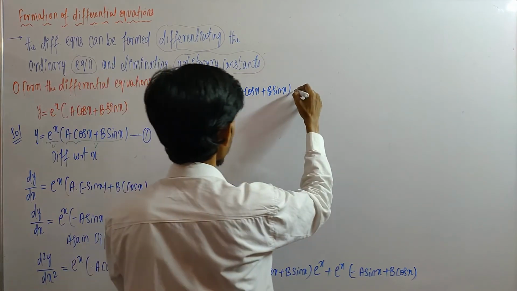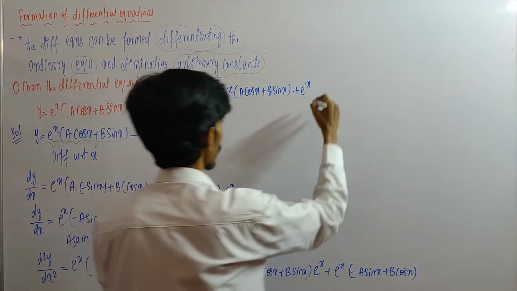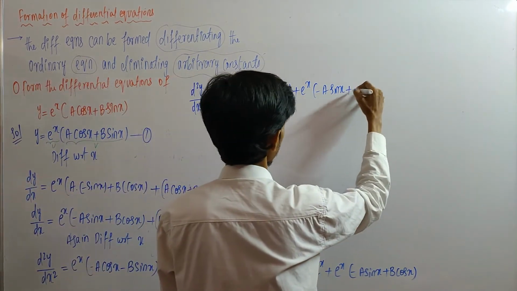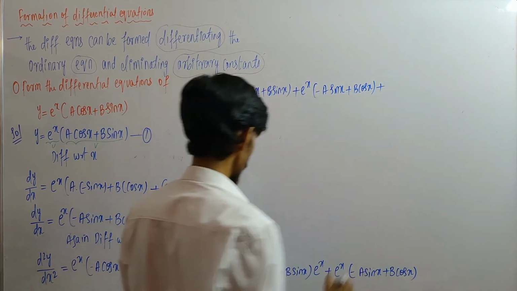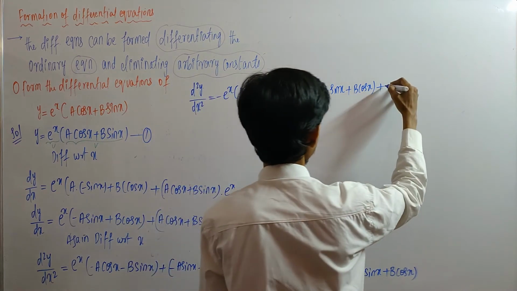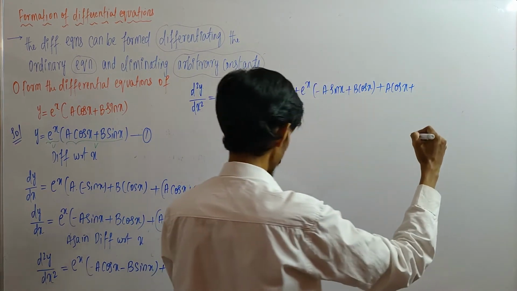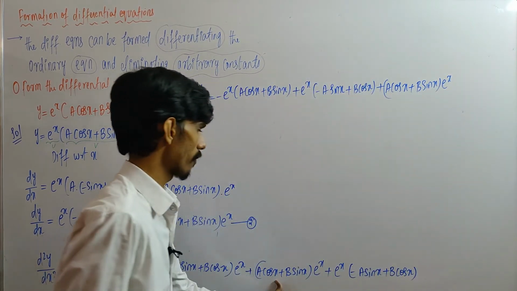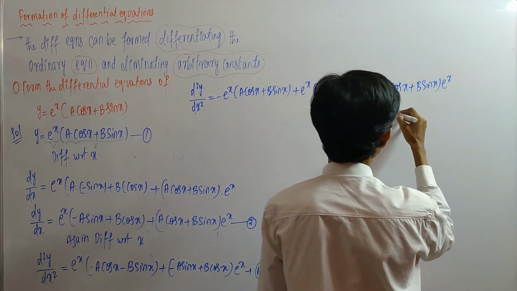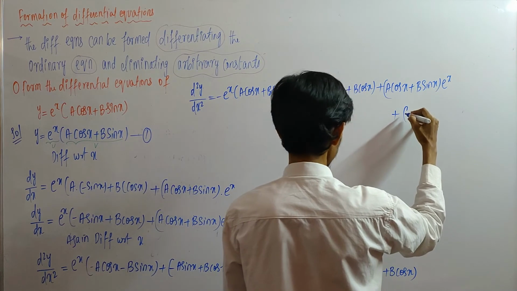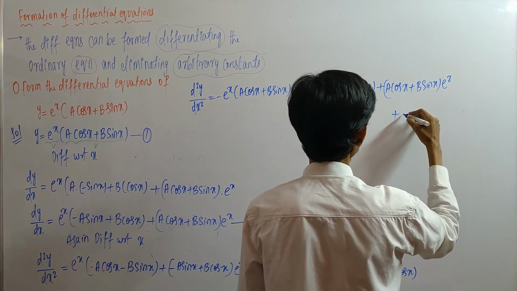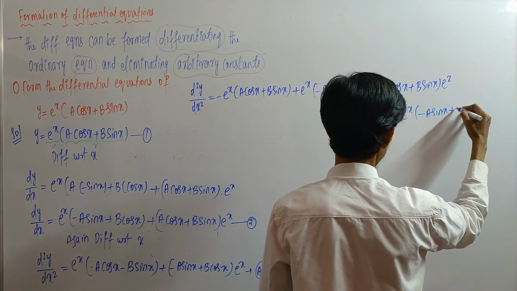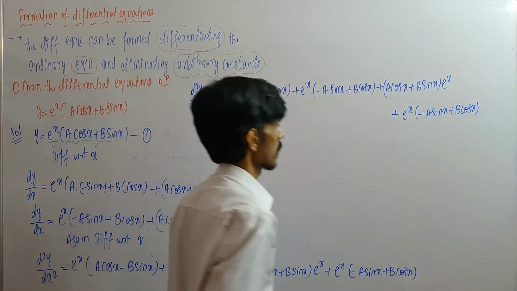Here, write down first e power of x into this term, minus a sin x plus b cos x, plus here we have this term a cos x plus b sin x into e power of x, plus we have e power of x into (minus a sin x plus b cos x).